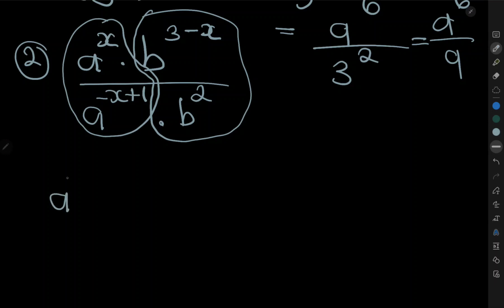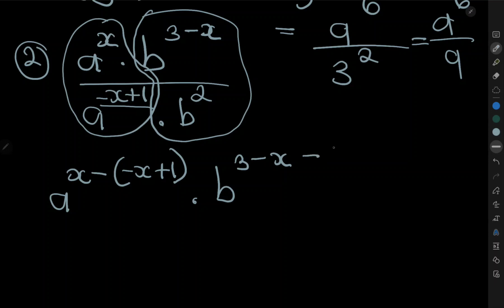So we're going to say a to the power of x minus, and here we put a bracket because it's two terms, not one term, minus x plus 1, multiplied by b to the power of 3 minus x minus 2.